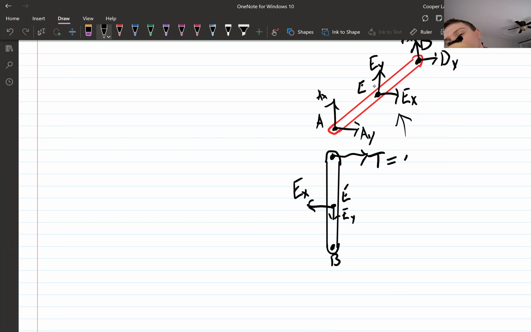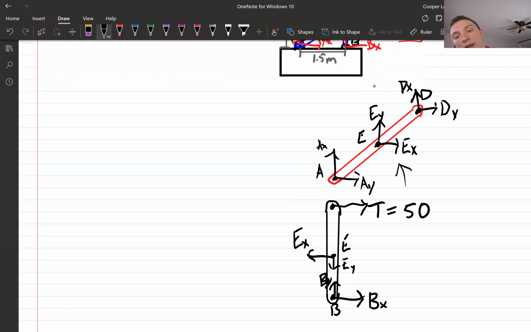After looking at my two different shapes, I'm going to choose this shape right here, simply because when I look at it, I have fewer unknowns, and I can actually get rid of some of them. So my first move will be to find my E sub Y value, because it's pretty solvable if we think about how we'd solve these.